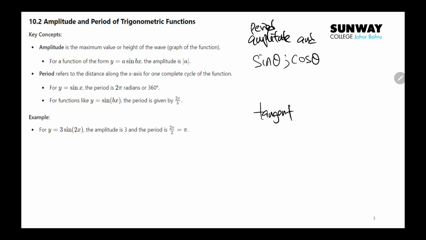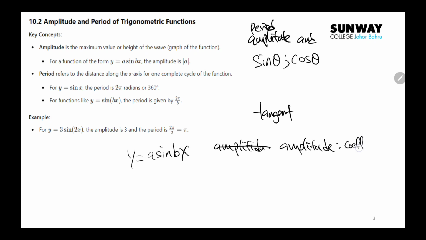So when it comes to sine and cosine, you need to understand that in y equals a sine bx, amplitude is basically the coefficient of that sine and cosine function.